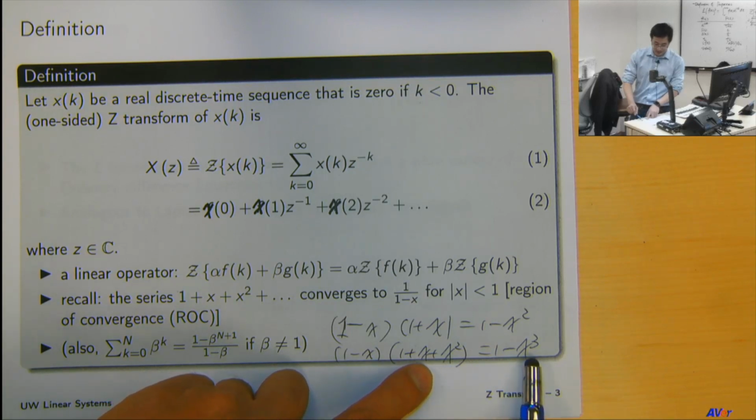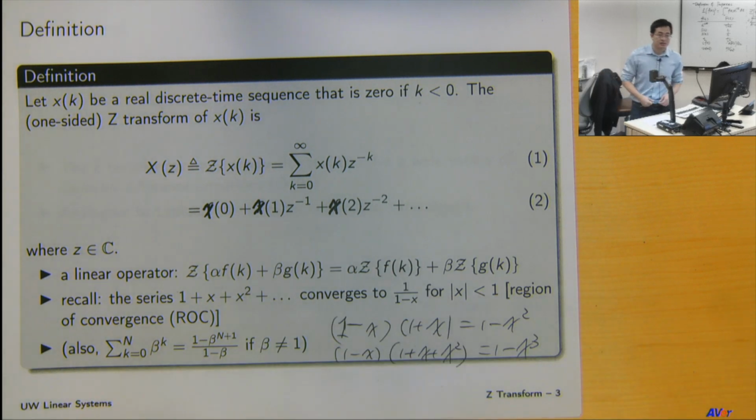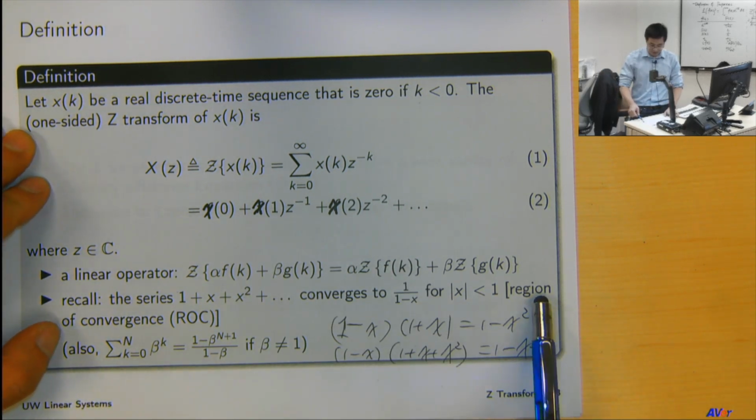And if your x is less than 1, you are taking powers of some number that's less than 1, so it's going to go to 0, right? If it's 0.1 to the power of 100, it's a small number. So that's the region of convergence. That's the notion of region of convergence.